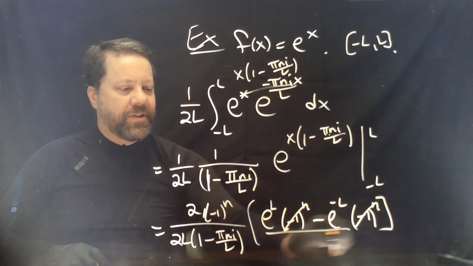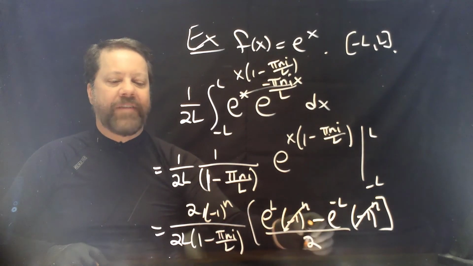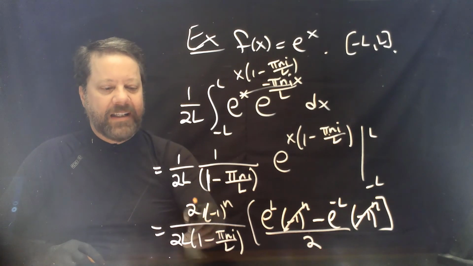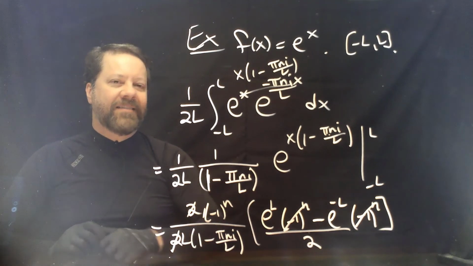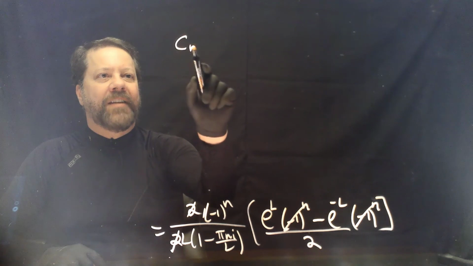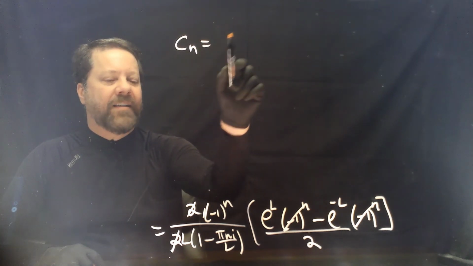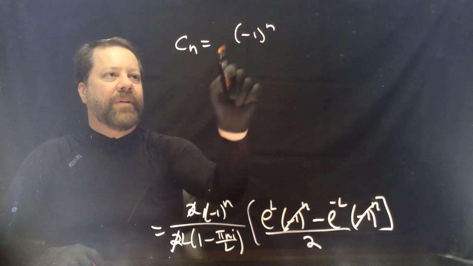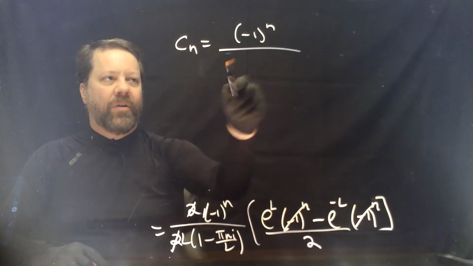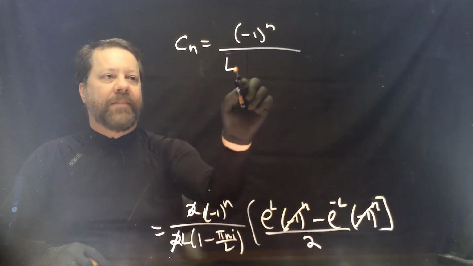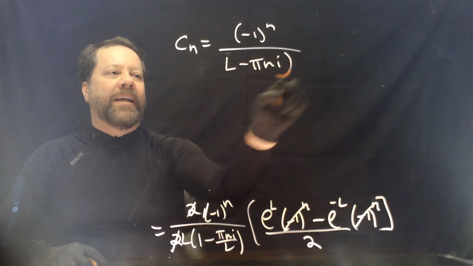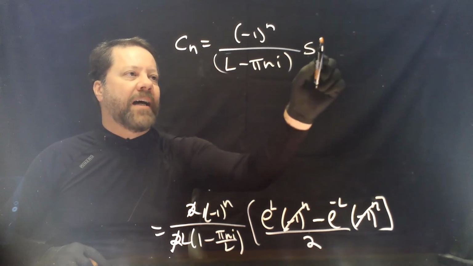We'll insert a 2 and put a 2 down here so that we'll have a hyperbolic sine yet again. We'll have the Fourier coefficients as negative 1 to the n over, if we distribute the L, L minus pi n i times the hyperbolic sine of L.